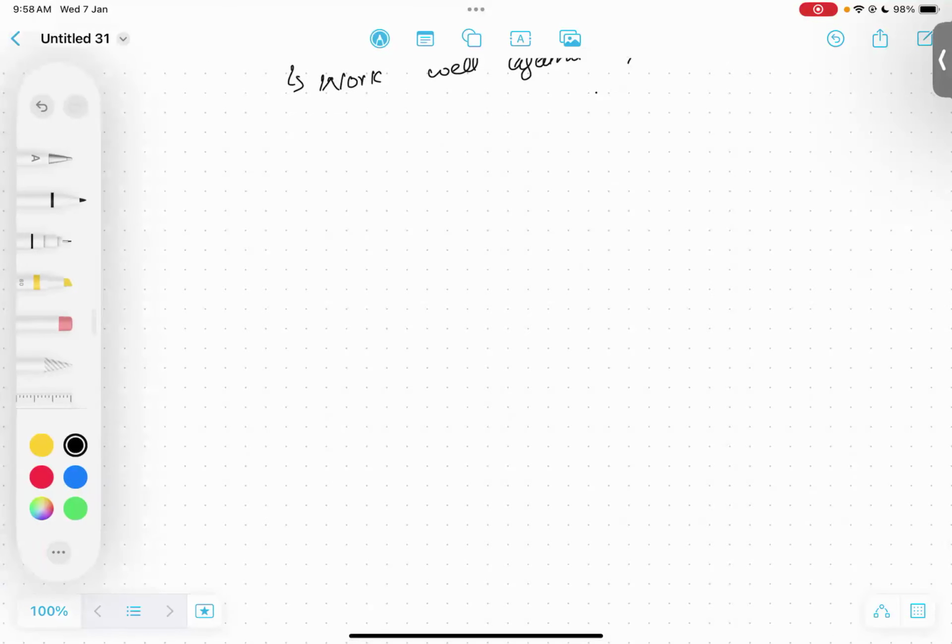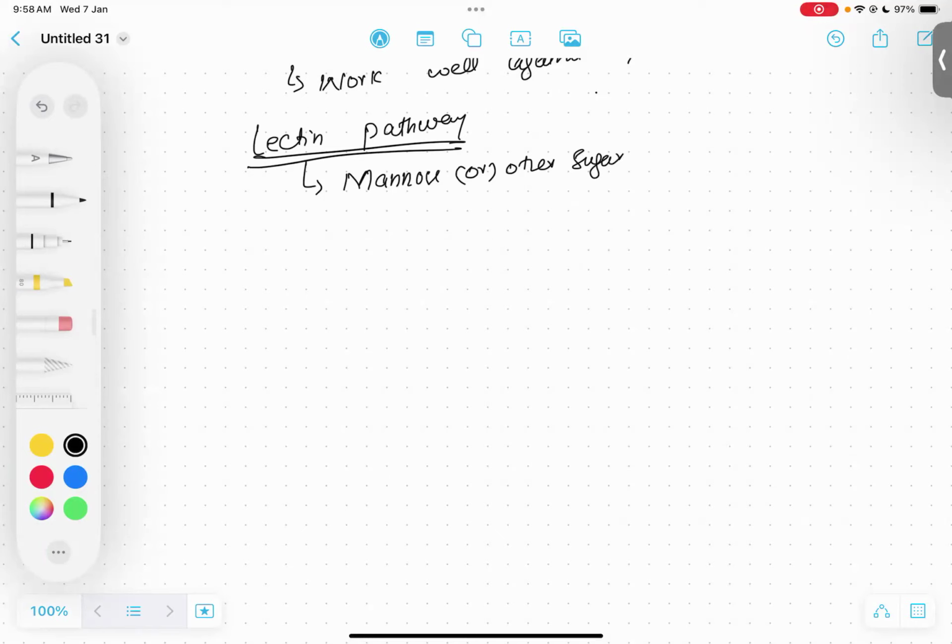The third one is the lectin pathway. The lectin pathway is activated by mannose, which are sugars present on the microbe surface.